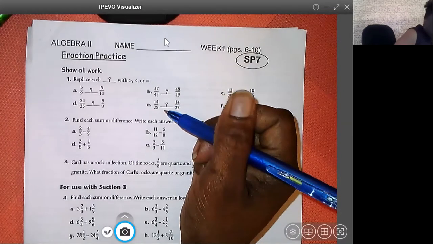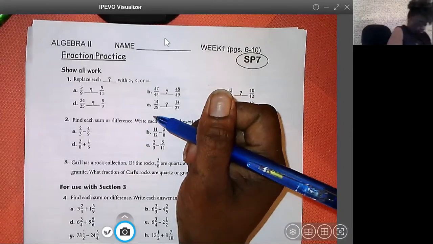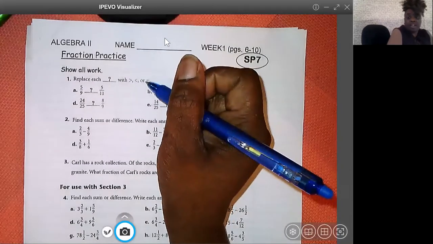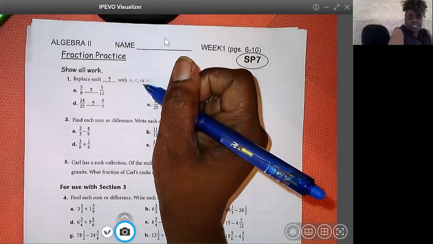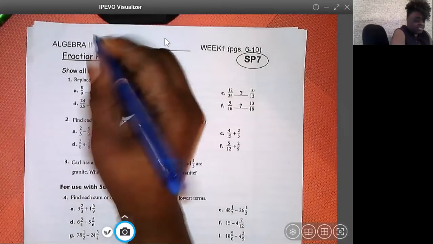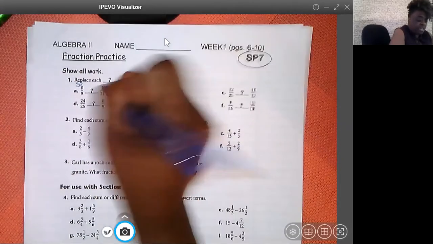One way of doing greater than, less than, or equal to is you can do cross product. In doing cross product, you will need to multiply across. So 11 times 5 will give you 55, and then 9 times 4 will give you 45.